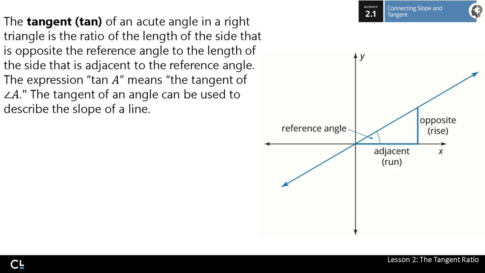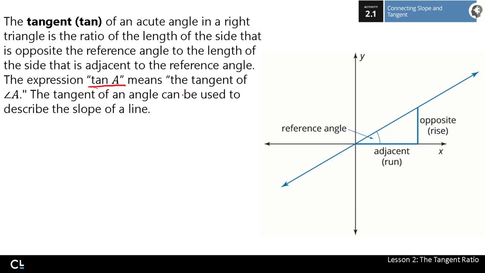The expression tan A means tangent of angle A. So guys, you're going to see tan A, right? We're not going to call it tan A. I said it there just to read it, but it's called tangent A. So you'll say tangent of angle A. We're going to read it as tangent of angle A.